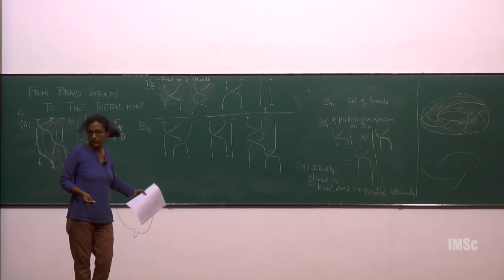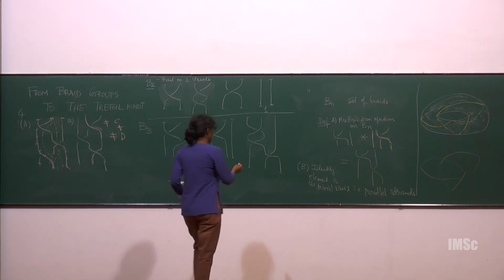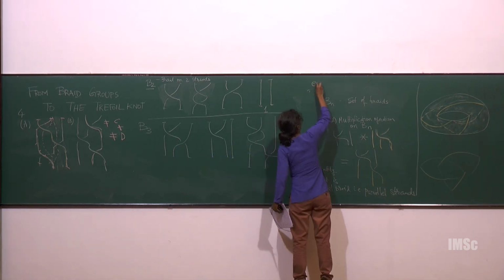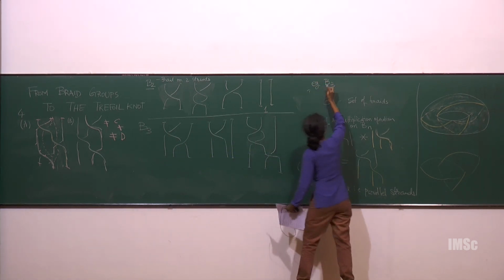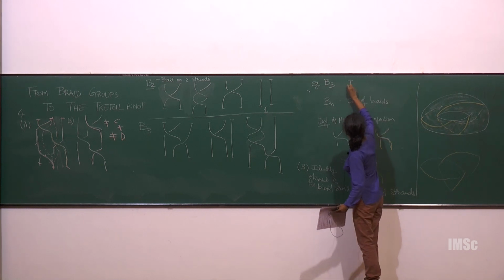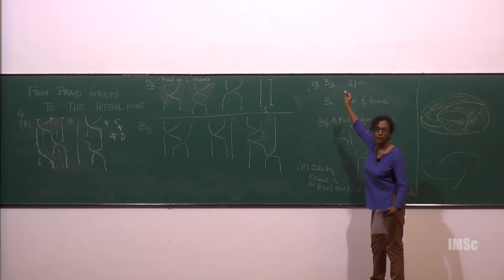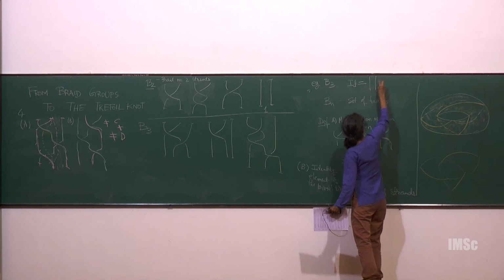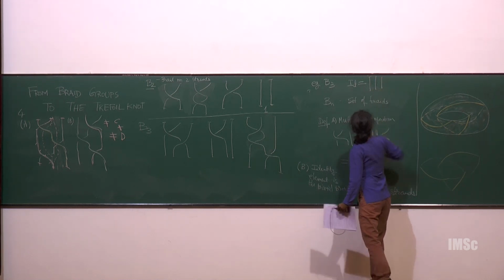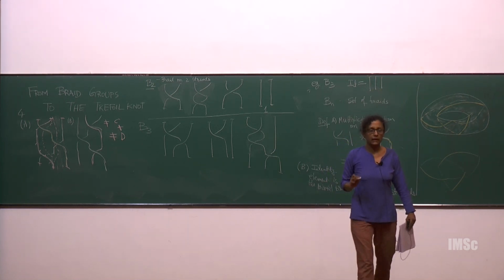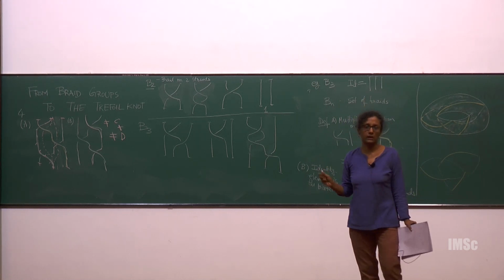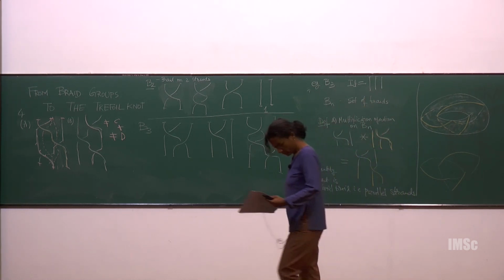So therefore, that is the identity element. So in B3, what is the identity element? 3 strands. So it's a braid which does nothing. From top to bottom, there are no crossings. It just goes straight.